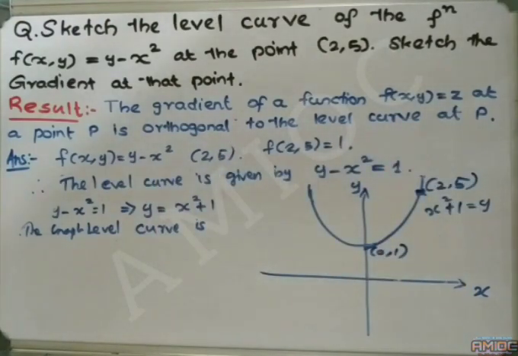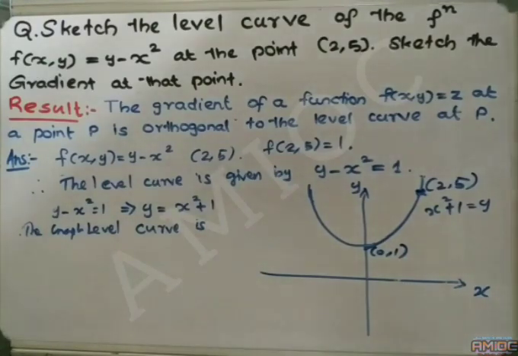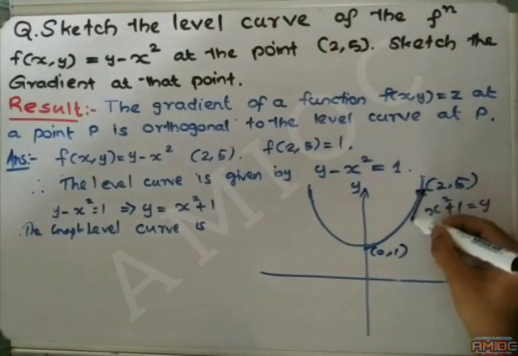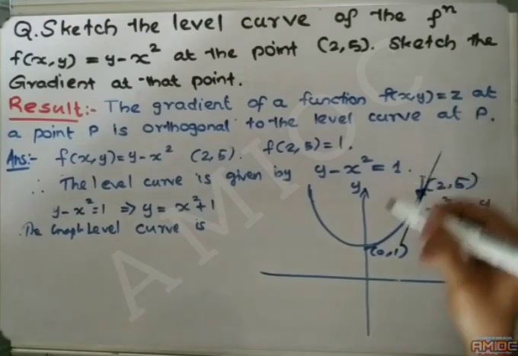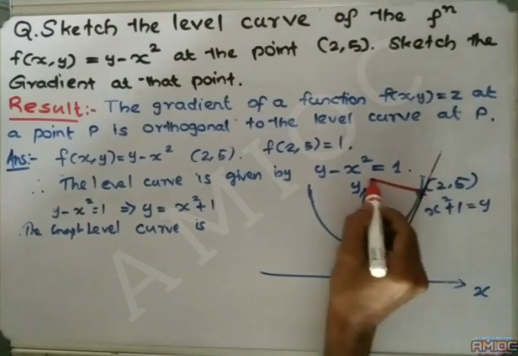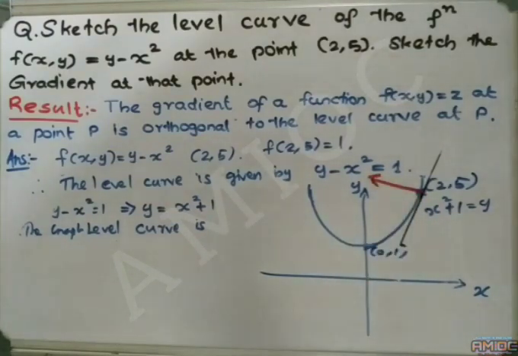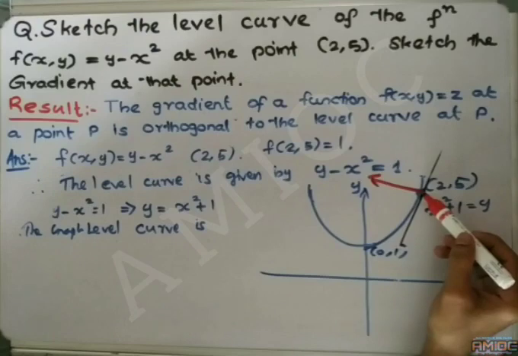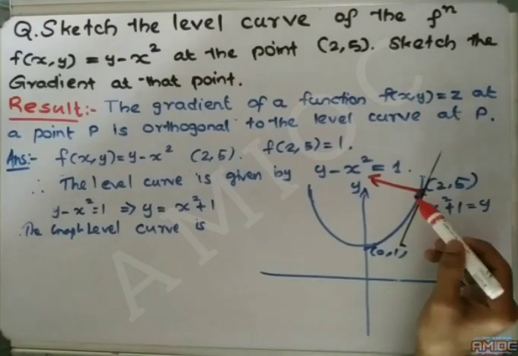That means if we plot the tangent line through this point, the gradient vector must lie orthogonal to that tangent line. That means the gradient vector at that point is orthogonal to the level curve at that point.